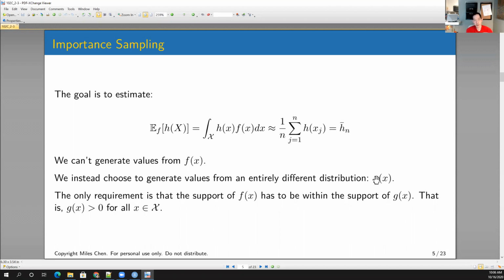But we need to make sure that g is going to at least generate some values wherever f would have generated values. We don't want a situation where f would generate a value like 6, but g would not, because that would be a problem.